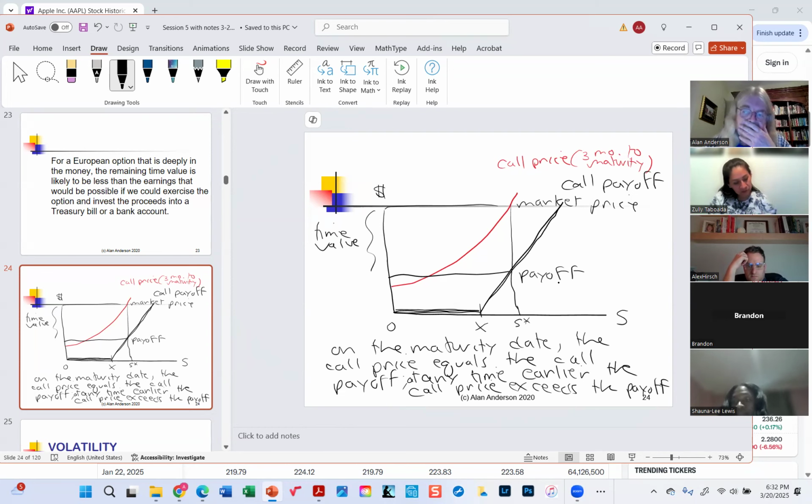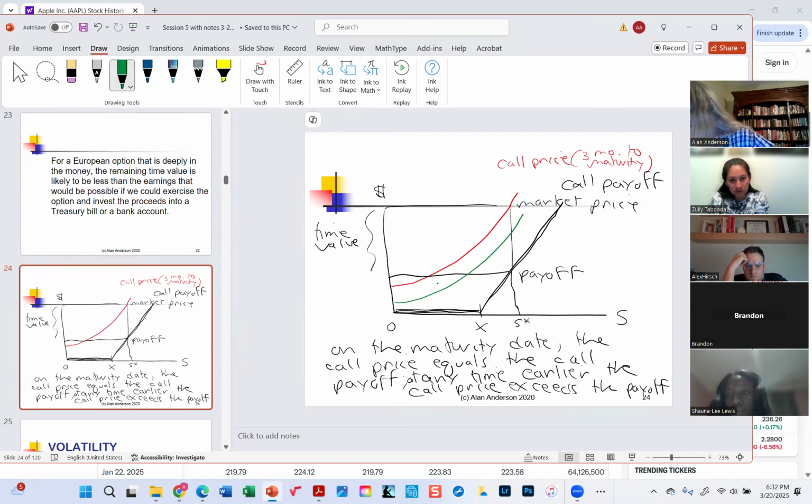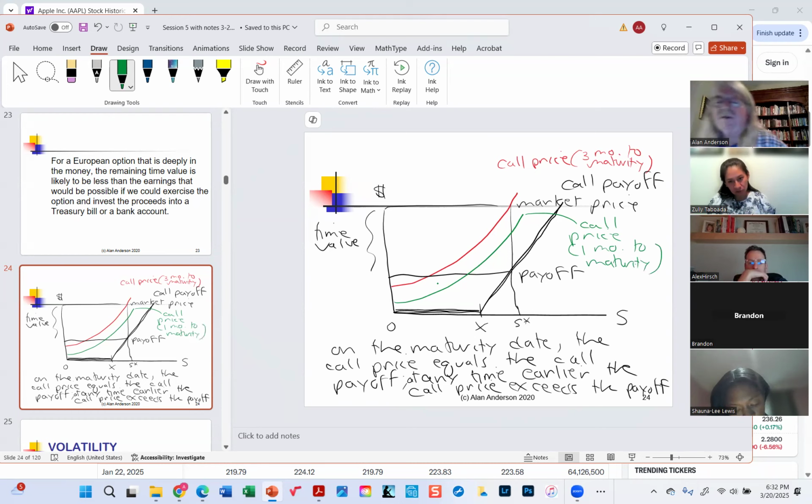Now, by the way, I think I mentioned this last time too, as time elapses, what starts to happen is, say green is the call price 1 month to maturity. And so as time elapses, the market curve will shift closer and closer to the payoff profile. And on the final day of trading, the two will be identical to each other.